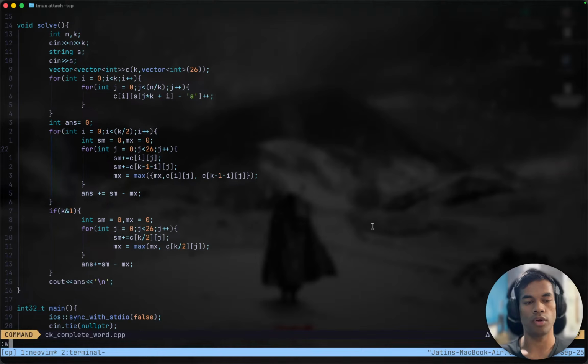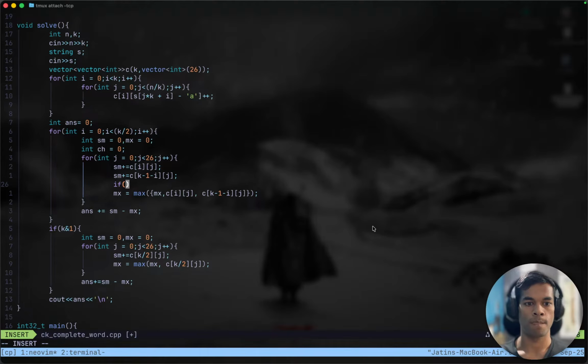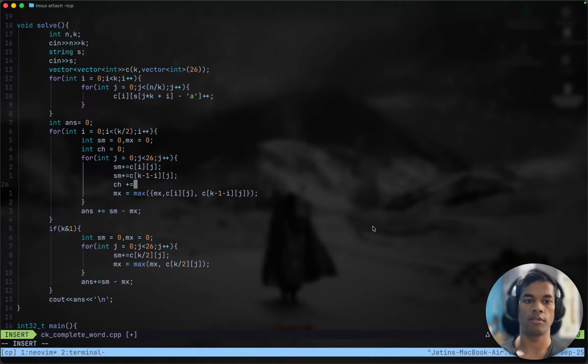That would be int change equals 0. If mx smaller, ch plus equals... cij and cj plus greater than 0, plus C K minus 1 minus I J also greater than 0.